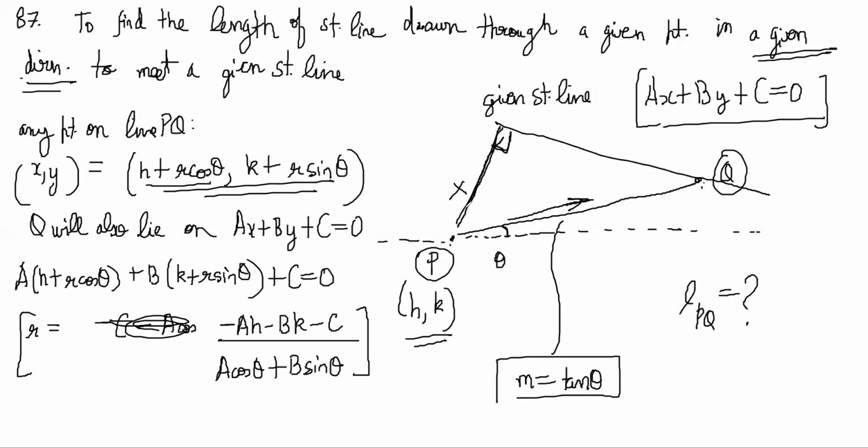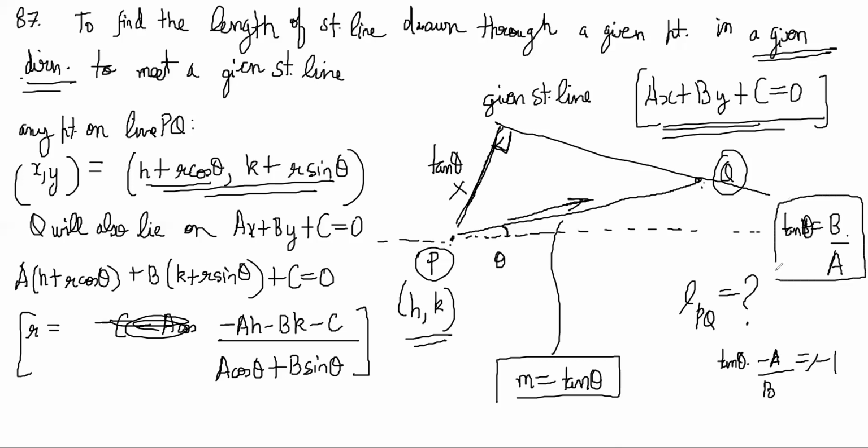Then this line, tan theta, should be perpendicular to this line, no? So tan theta multiplied by minus a by b should be equal to minus 1. So tan theta must be equal to b by a. If I put that in this equation, you get tan theta is b by a.